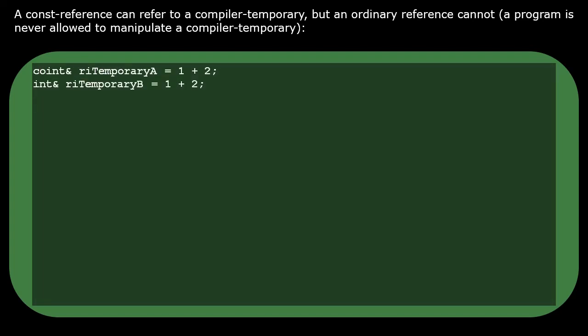A const reference can refer to a compiler temporary, such as the compiler's temporary storage of this sum, but an ordinary reference cannot refer to a compiler temporary. That's because an ordinary reference would have given access to alter its target value, and you're never allowed to manipulate a compiler temporary.